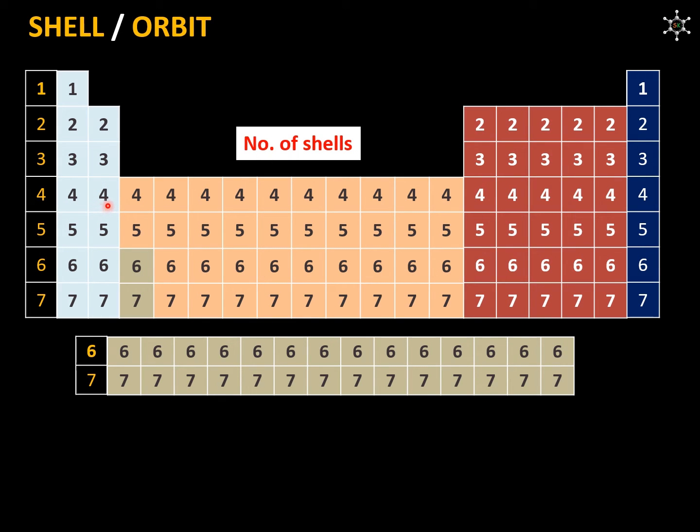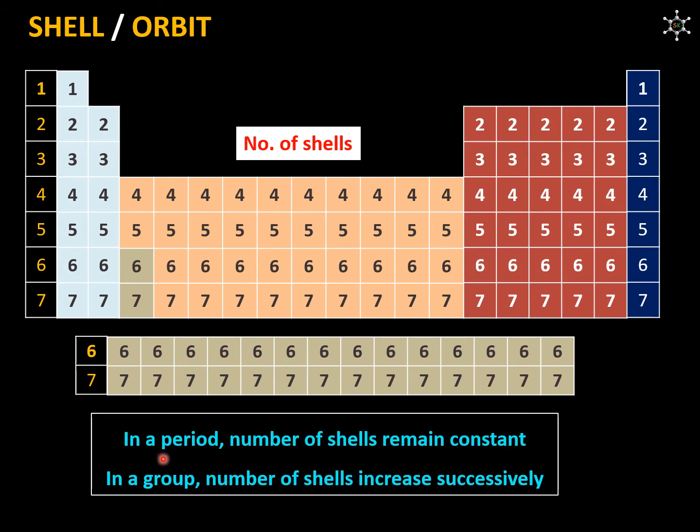Calcium 4 shells, and it keeps going on like this. We can observe that in a period the number of shells remains constant and in a group the number of shells increases successively.